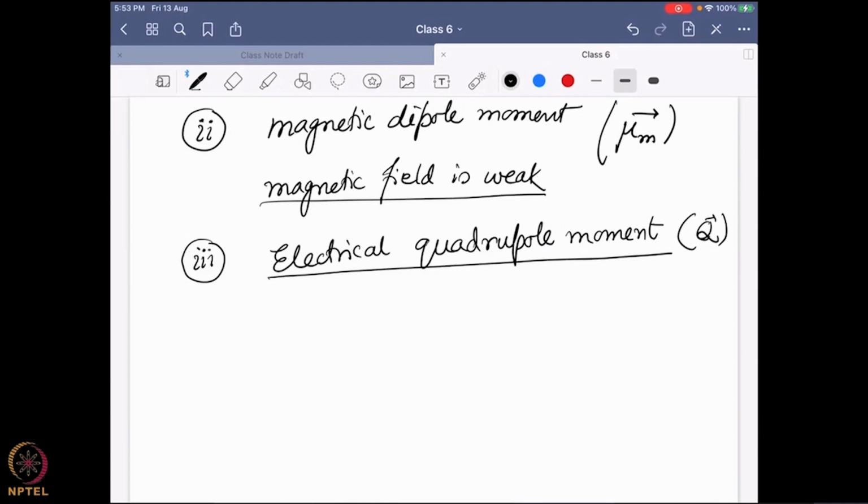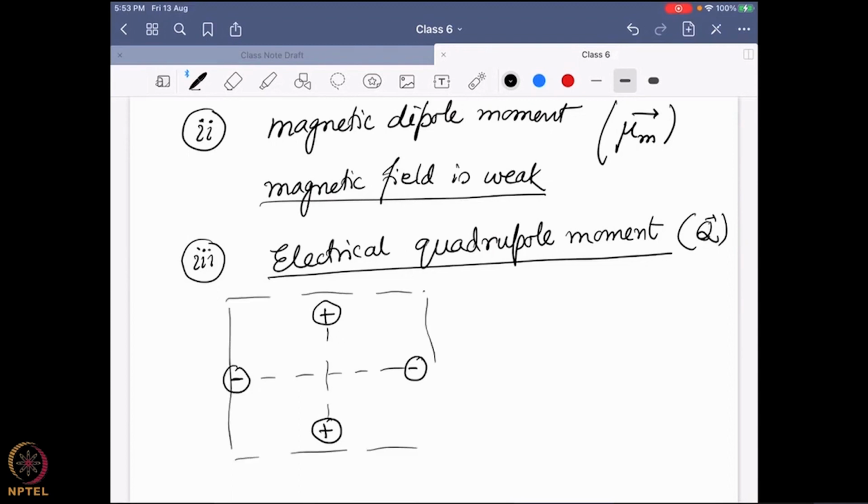So how does it actually look? Let's say there's a positive, exactly opposite there you're going to have another positive, and perpendicular to that, at a 90-degree angle, you're going to get two negative regions. So all together, when you look at that, there are four different poles. That is why it is called the quadrupole. And over here, a little bit different from the dipole, the opposite ends are not different, but the same charge. So they create two positive and two negative opposite each other, and that is what is known as the electrical quadrupole moment.